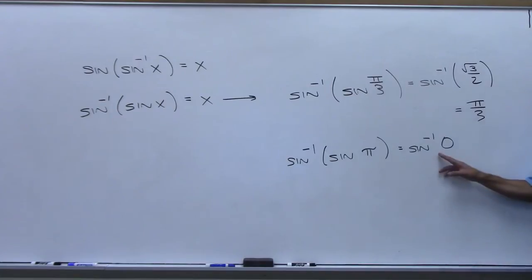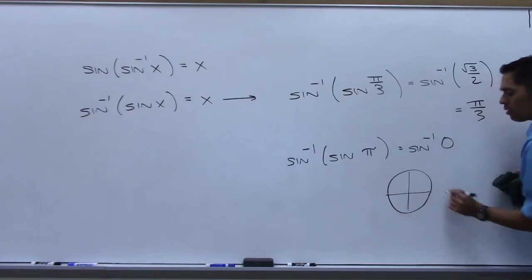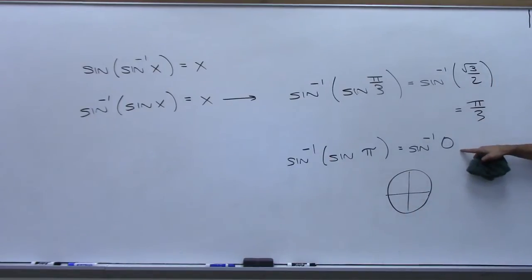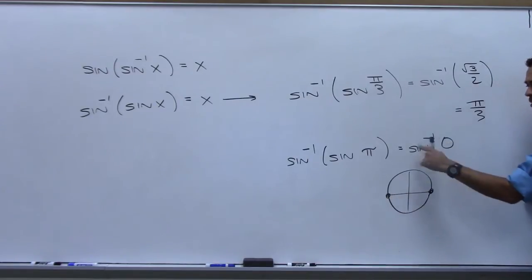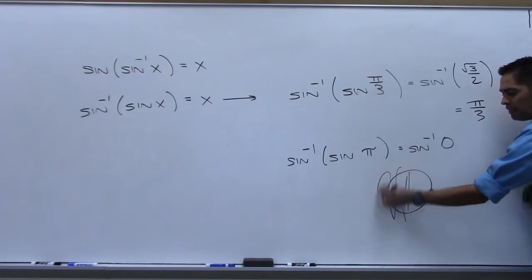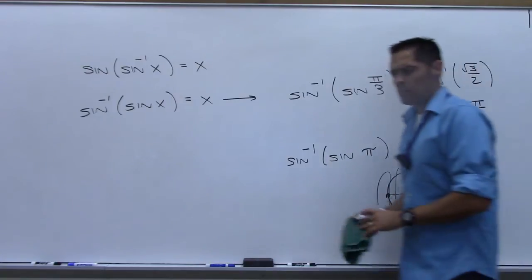And so now, where on the unit circle is your y coordinate 0? That happens here and here, but wait a minute, we're looking at an inverse. We have to cut these off. So your answer has to be 0, doesn't it? The angle 0. So this is 0, not pi. Just be careful with the cancellation property.